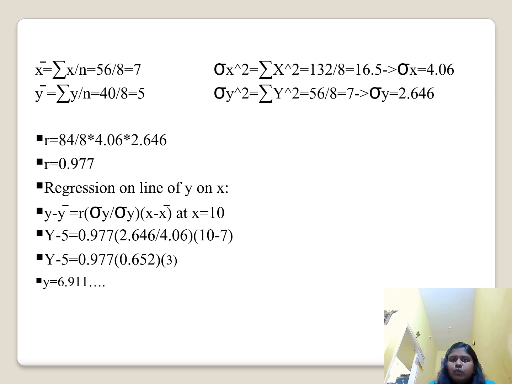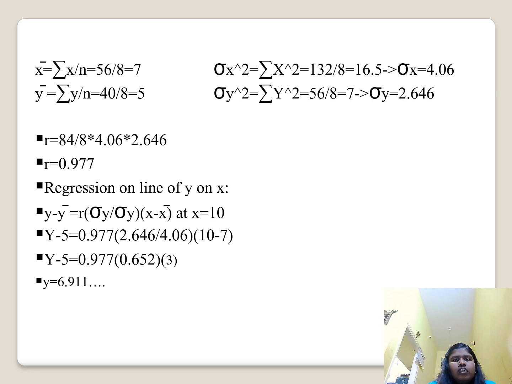By taking the root of 16.5, we get sigma x, that is 4.06. Sigma y square is equal to summation y square divided by n, which is 56 divided by 8, that is 7. By taking the square root, we get sigma y, that is 2.646.